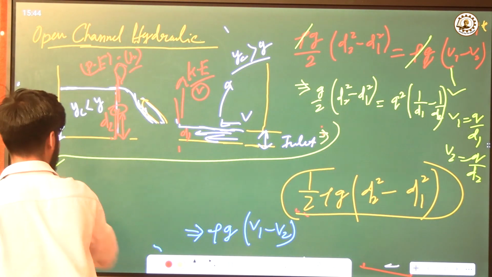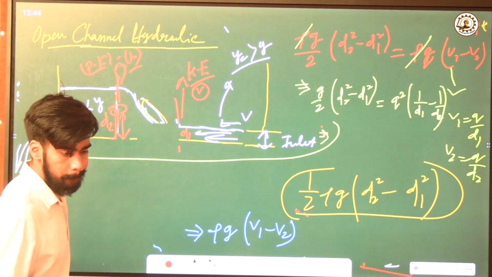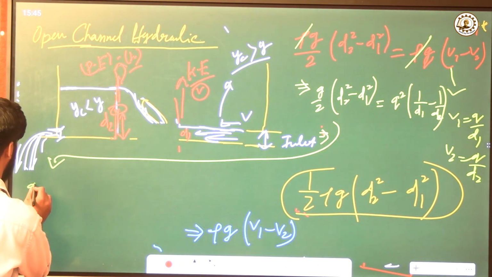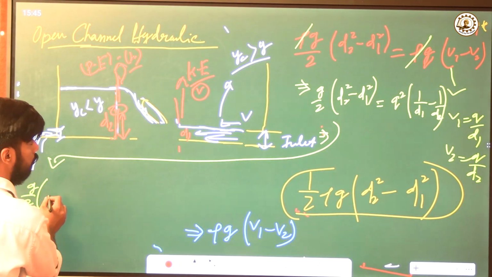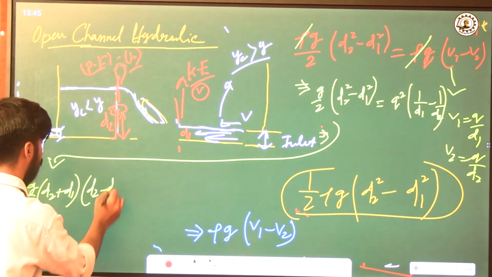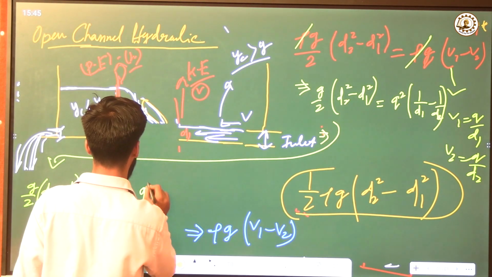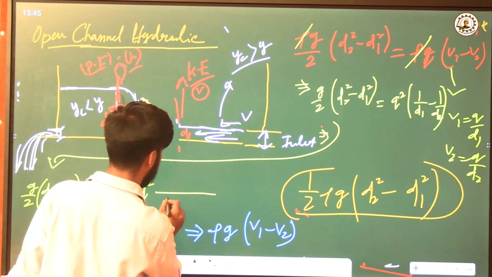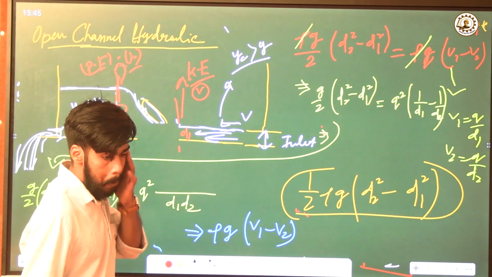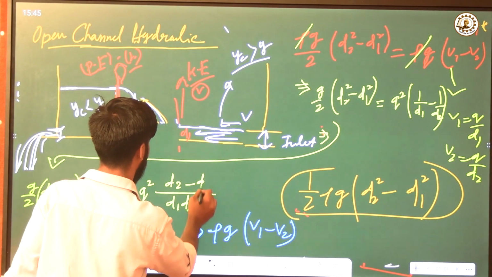Come back here. Then you can write it as g by 2 into d2 plus d1 into d2 minus d1, and here you can write q squared by d1 d2 into d2 minus d1.